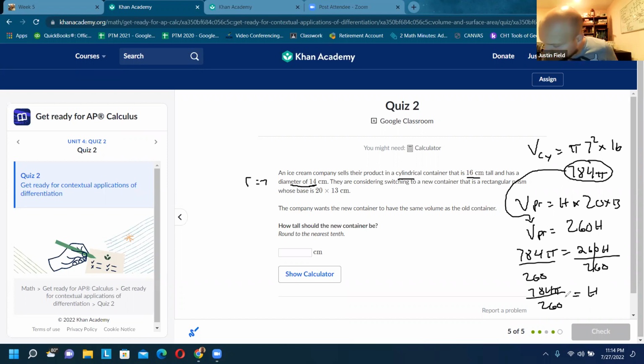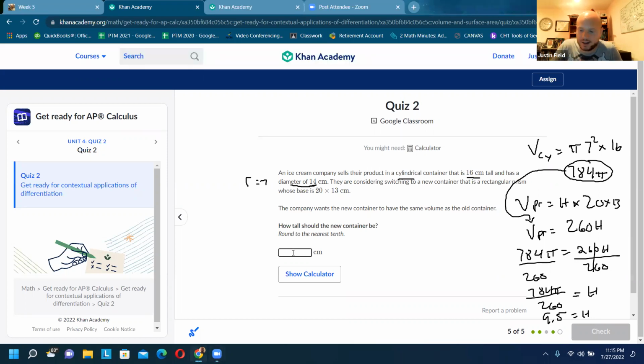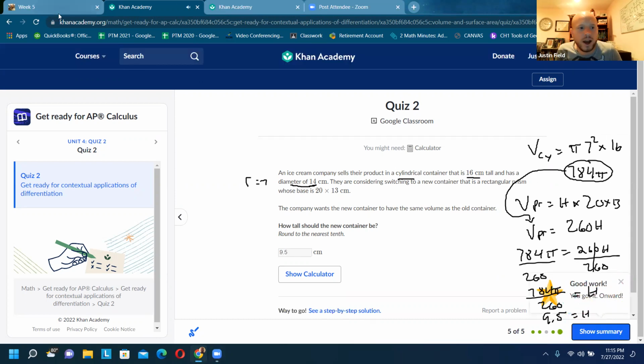And 784 pi divided by 260 is 9.47. So 9.5 if we're rounding to the nearest 10th. Let's see if we got it. We got it. All right.